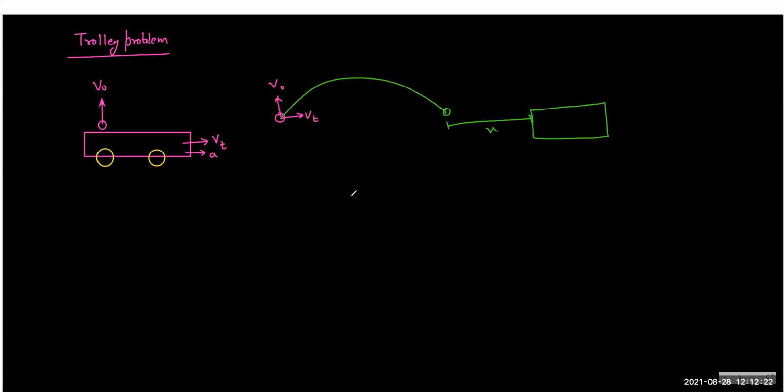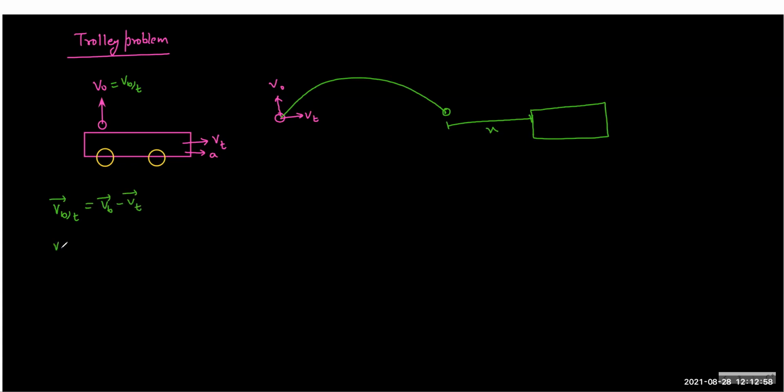Why no? Because the trolley is not moving with constant velocity; it's accelerating, so VT will change, but the VT of the ball will remain always VT. This v naught is the velocity of the ball with respect to the trolley, so it is not a ground frame value. If you want to write in the ground frame, VBT equals VB minus VT.